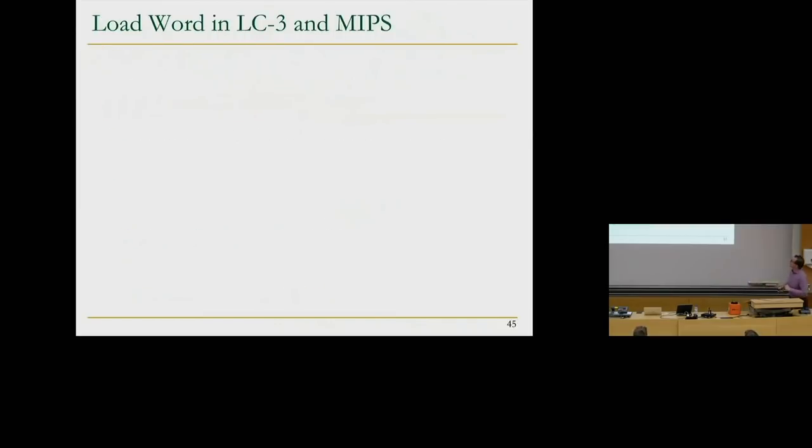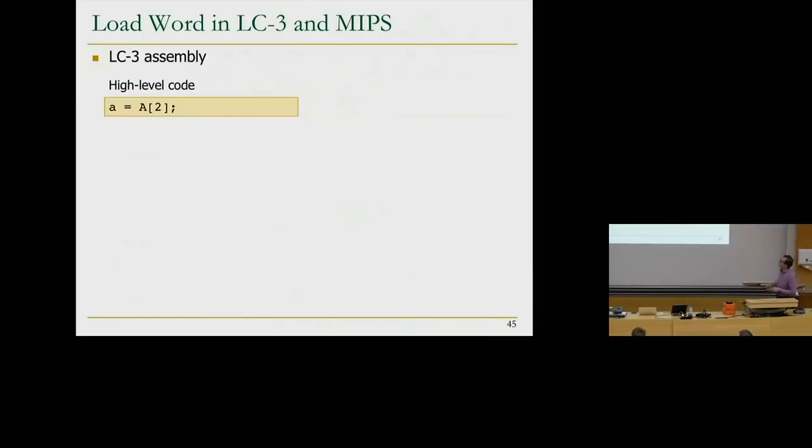Now let's take a look at LC3, and we're going to imagine a machine that's word addressable but MIPS-like. How would you do it? This is the high-level code. In this case, I'm going to make it concrete. Let's say we want to access a word at offset 2, or index 2, from array A. So this is the assembly.